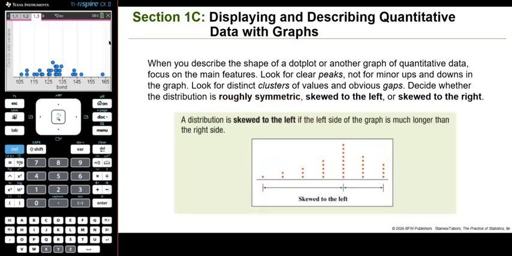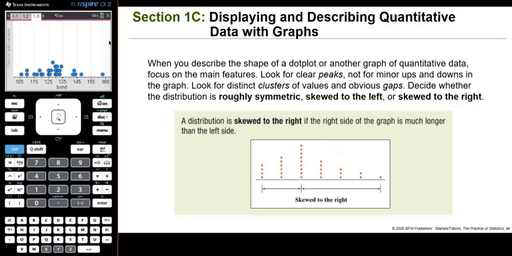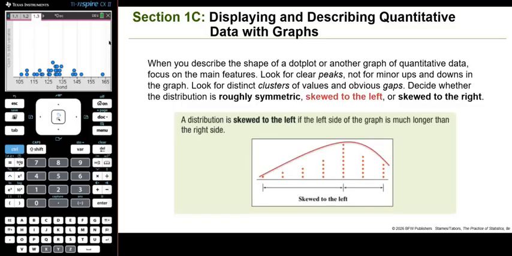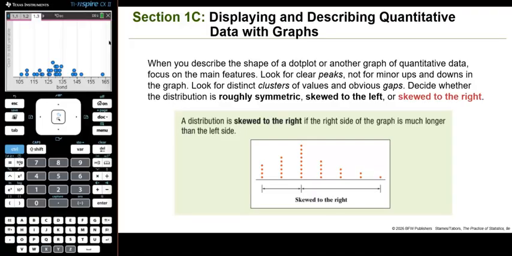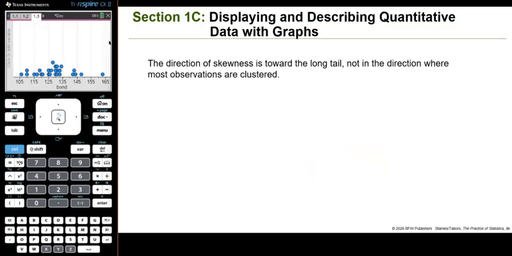This is what a graph looks like if it's skewed to the left. Can you see the shape of the graph? You can almost ski to the left, like the skew is to the left towards the outliers on the left there. Skewed to the right goes in the other direction. It slopes towards those right values, towards the long tail, not in the direction where the most observations are clustered.